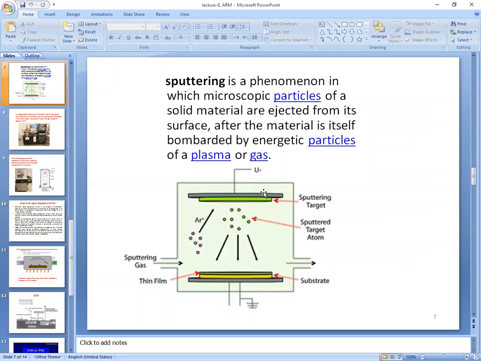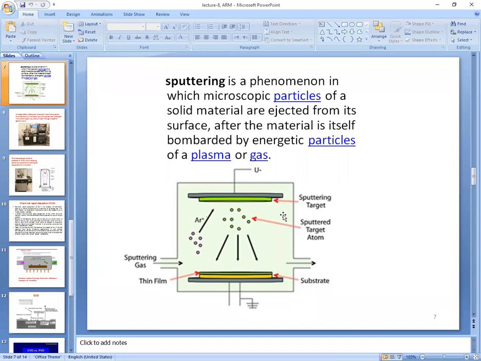So what is sputtering? As I have told you, sputtering means explosive voices, but in physics, sputtering is a phenomenon in which microscopic particles of a solid material are ejected from its surface after the material is itself bombarded by energetic particles of a plasma or gas.